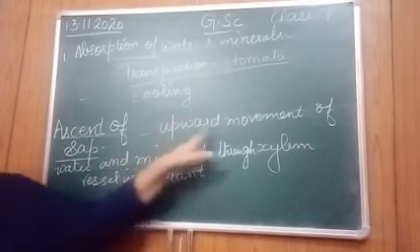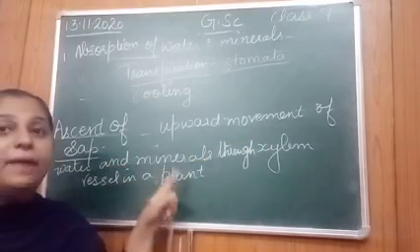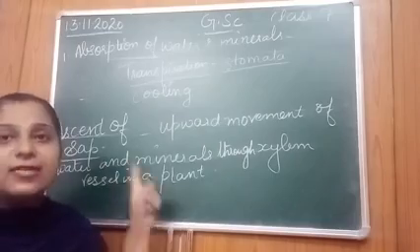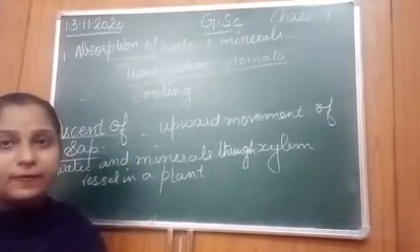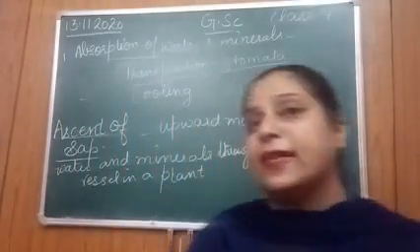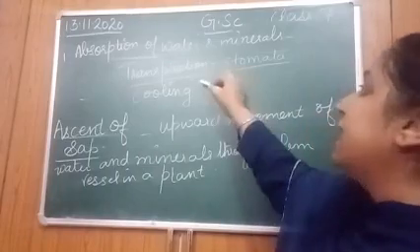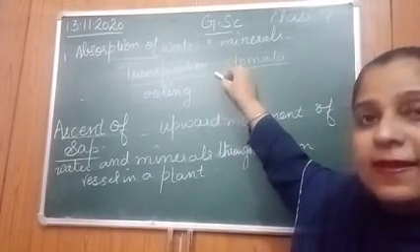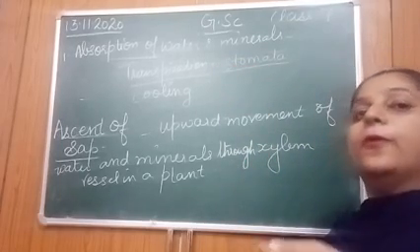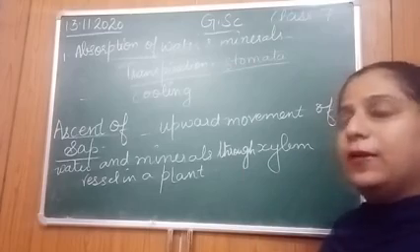This upward movement of water and minerals through xylem vessel in a plant is known as ascent of sap. Got my point? I am repeating again, when transpiration takes place, right, there is an upward pull, known as suction pull.